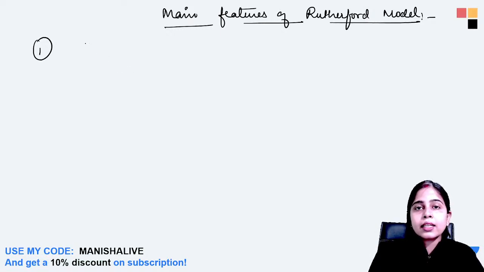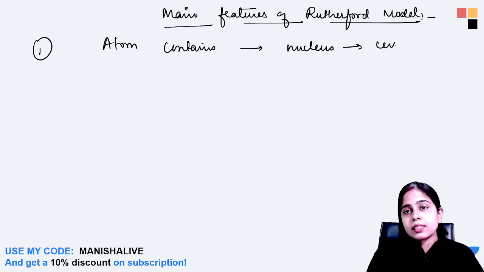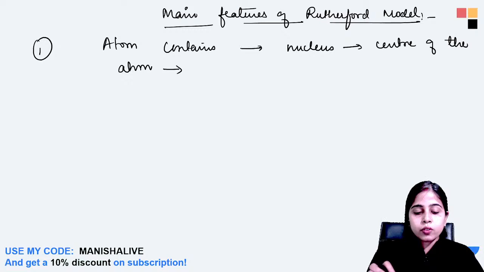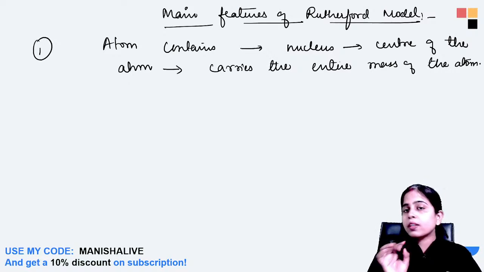So the first thing about the Rutherford model is that the atom contains a nucleus, which is very small in size, situated at the center of the atom, and it carries the entire mass of the atom.